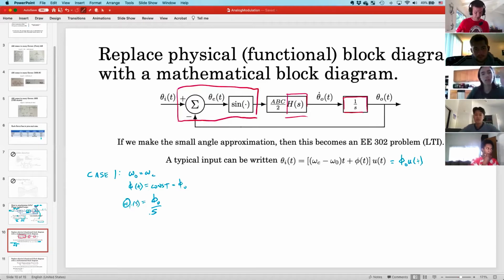That if the input is a scaled step, well, what would really help is if I wanted to know about the steady state error, that is theta O of t minus theta I of t as we let time go on.